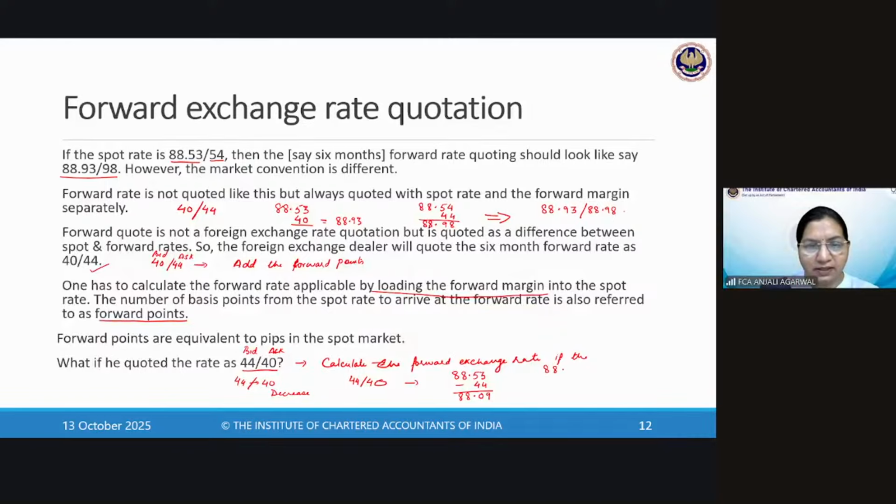And ask, 88.54 minus 0.40, will decrease the 40 points from here, and the ask will be 88.14. So the new forward rate would be 88.09 oblique 88.14. Okay.